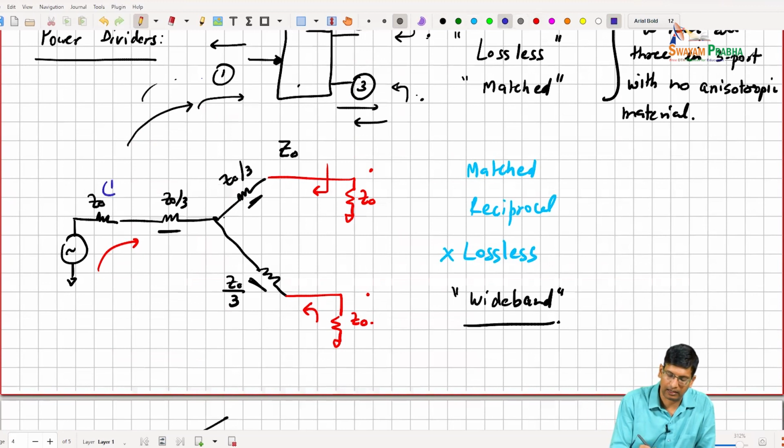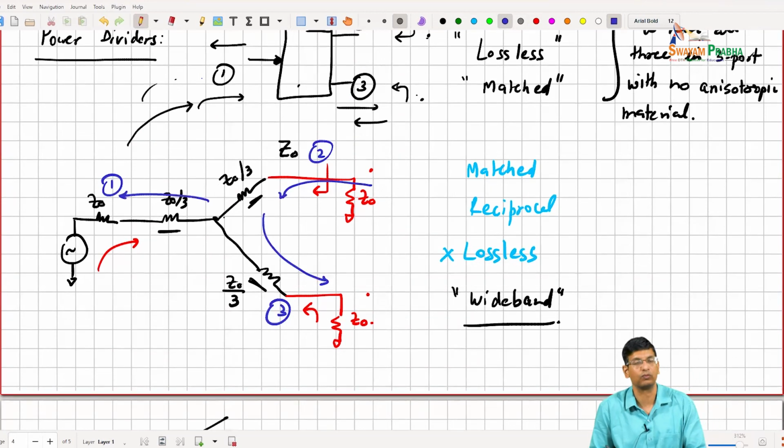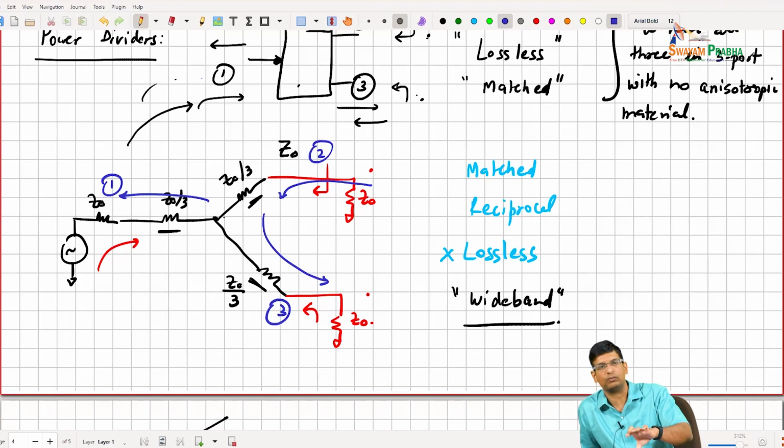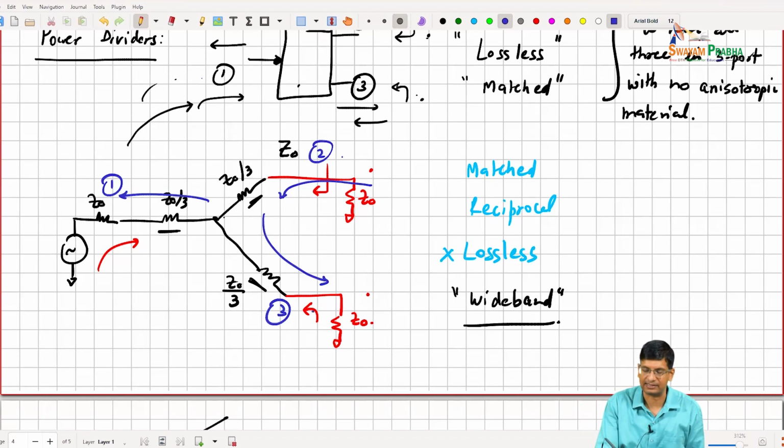if I call this port 1, port 2, port 3, right? So if I inject some power in port 2, it will come into port 3 in addition to going into port 1, right? But many times what I would like is for my port 2 and port 3 to be isolated from each other, so that if I apply some power, it gets divided.